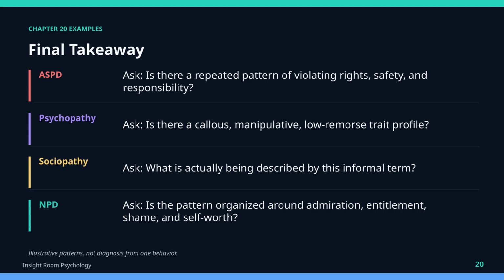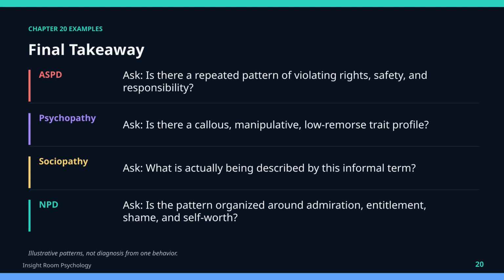Do they manipulate people for gain, admiration, control, or avoidance of shame? Do they become aggressive when criticized? Do they use people instrumentally? Do they show empathy when it costs them something? Do they respect rules only when there are consequences? Do they repair harm, or do they simply manage their image?